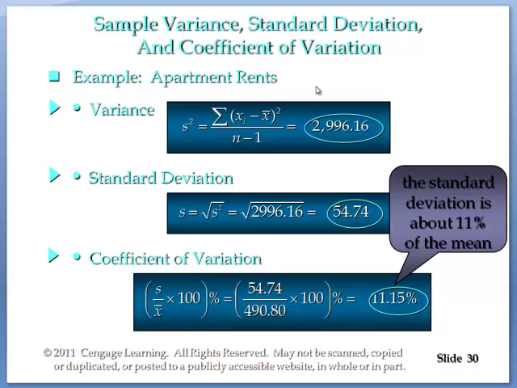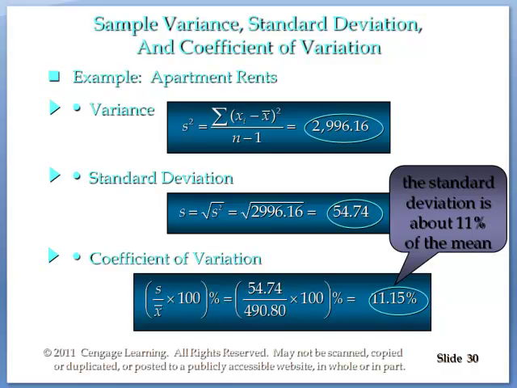So, let's summarize numerically. If you were to actually do the calculation for all the 70 data points of the apartment rents, this is the variance you would get, 2,996.16. Getting the square root of that, you would get the standard deviation of 54.74.